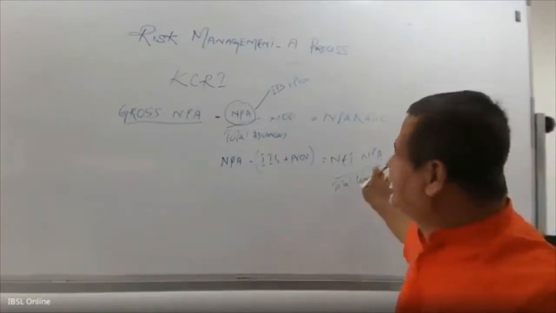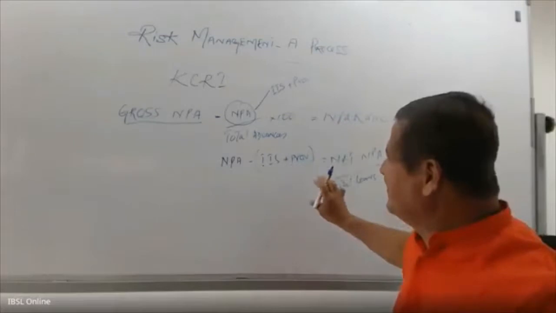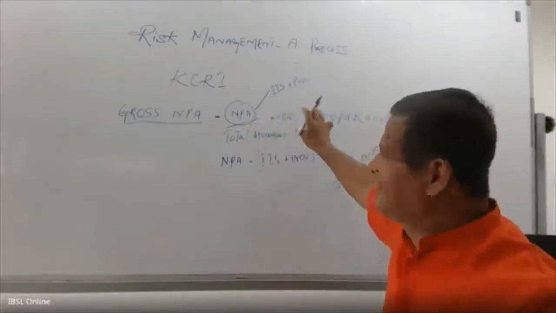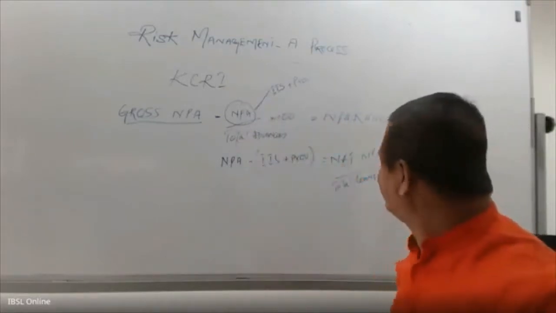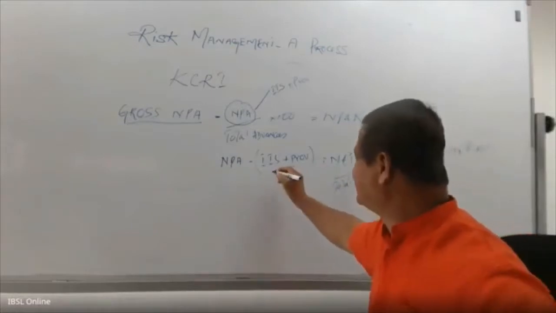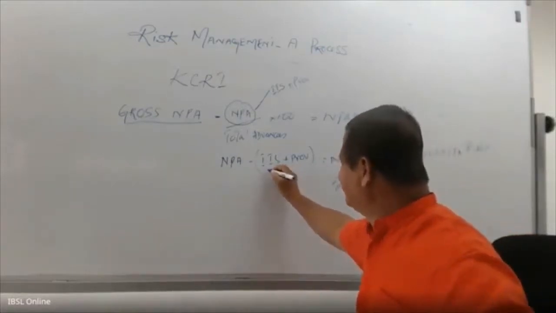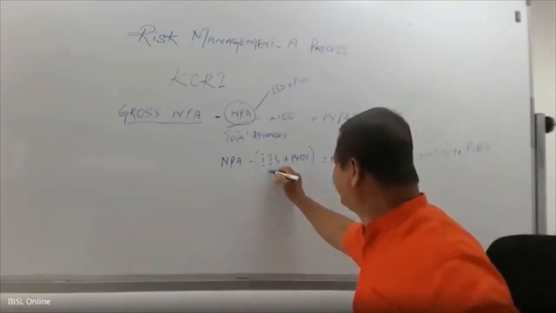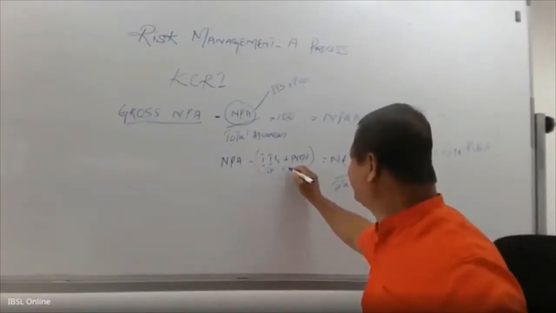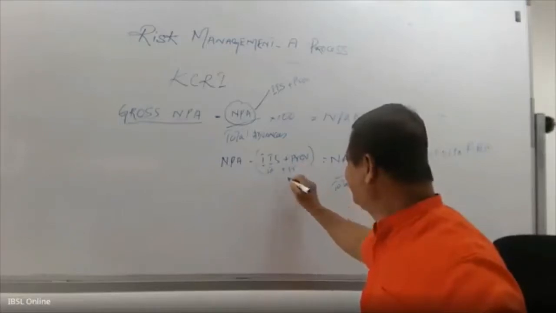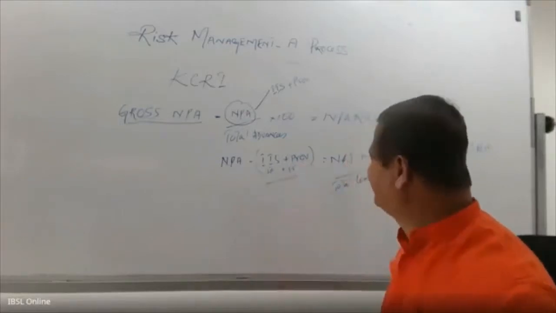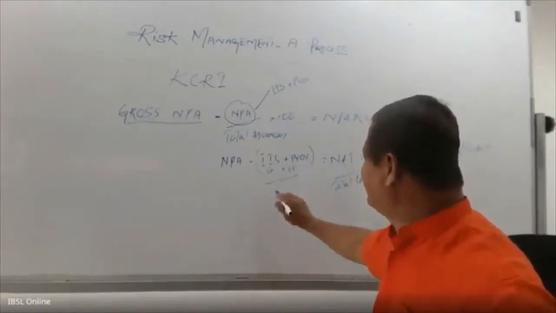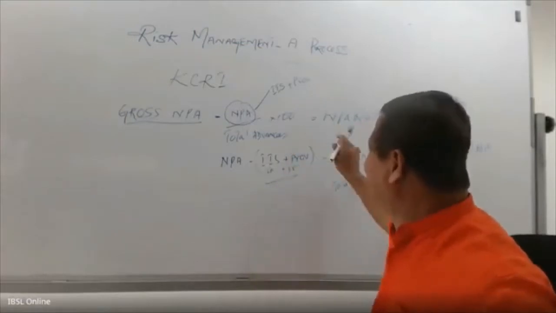So this is an indication that though the bank's original ratio is 5%, if your interest in suspense is, say, 500,000 plus provision another 1.5 million, so out of 5 billion, 2 billion you have already provided.